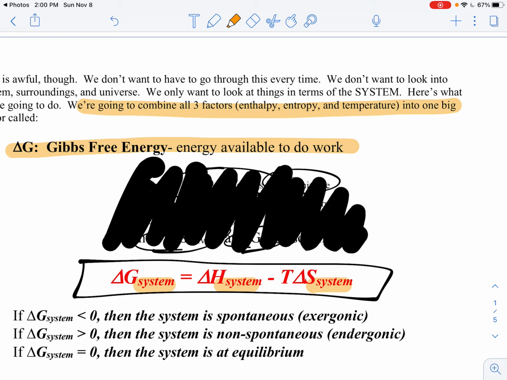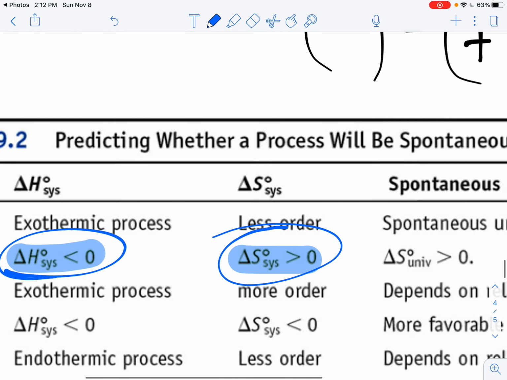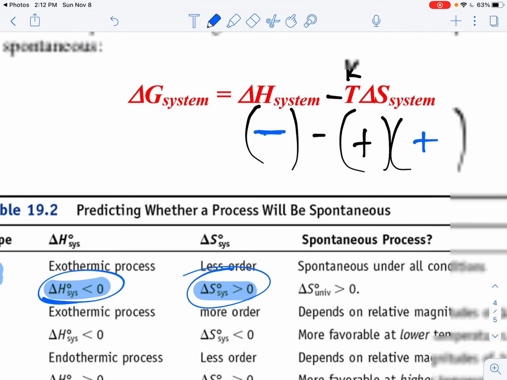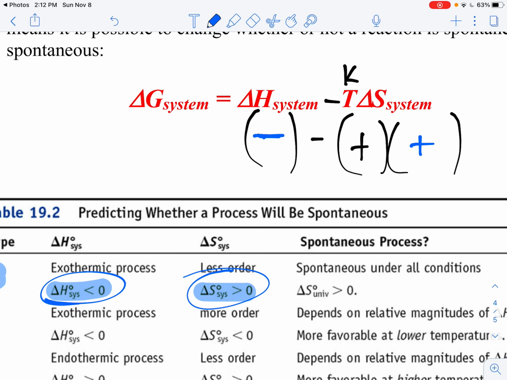If I have this blue situation here where I have a negative delta H and a positive delta S, think about what that means. Negative delta H, exothermic. Well, the system wants to go to spontaneity. Positive delta S, less order, more chaos. It wants to go to spontaneity.